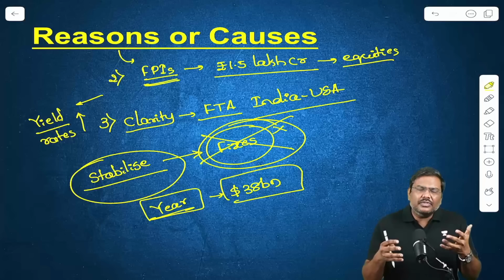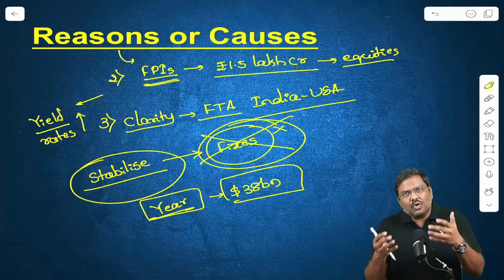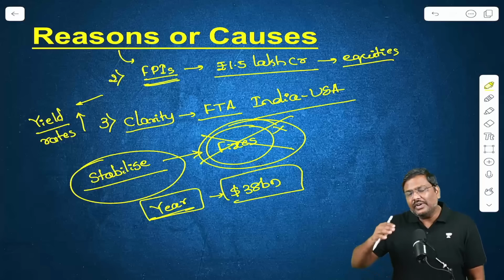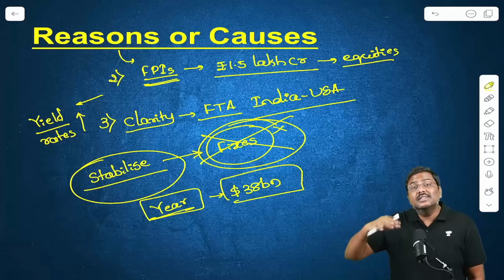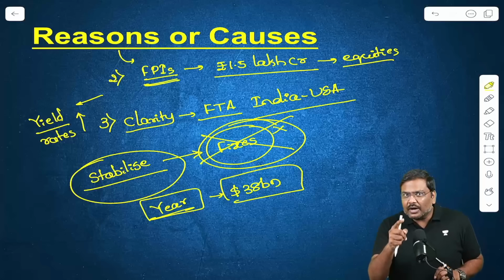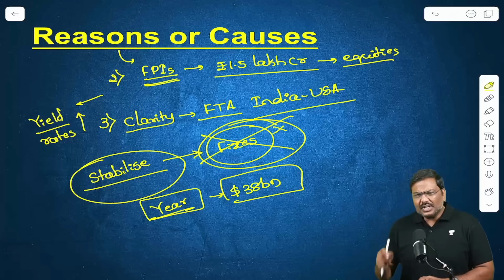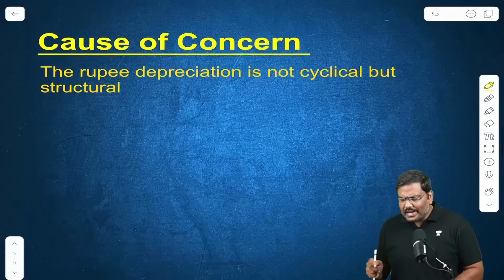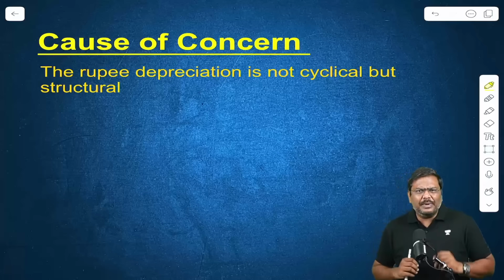RBI is aware that even if the rupee depreciates and imports become costlier, there is no danger of inflation crossing 6%, 7% or 8%, because right now it is below 1%. So these are some of the reasons why RBI is not too worried about the rupee depreciation.